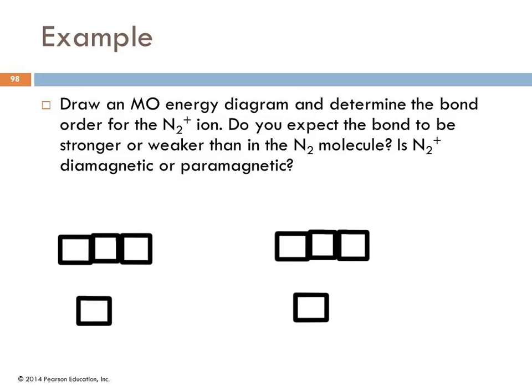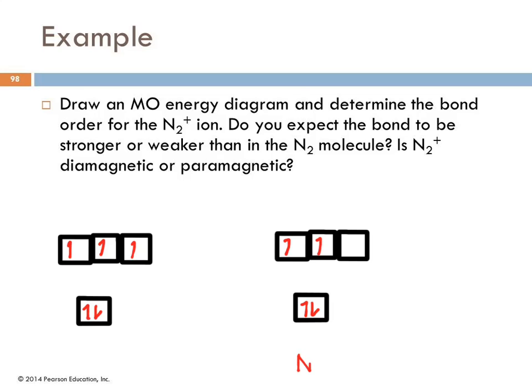So what kind of electrons do we have in here? How many electrons in nitrogen? Valence electrons? 5. So we've got 1, 2, 3, 4, 5, right? This is N2 plus, so then over here we need to give this guy just 4.